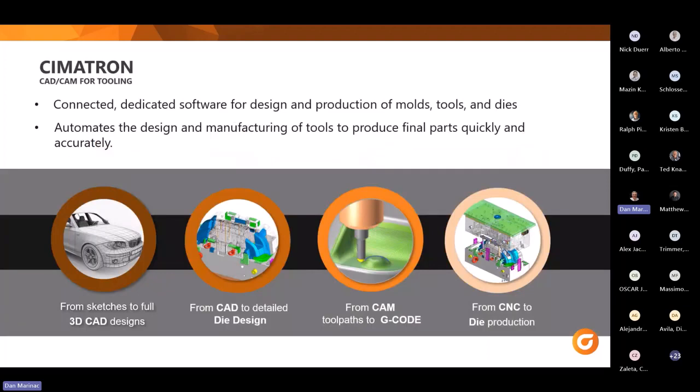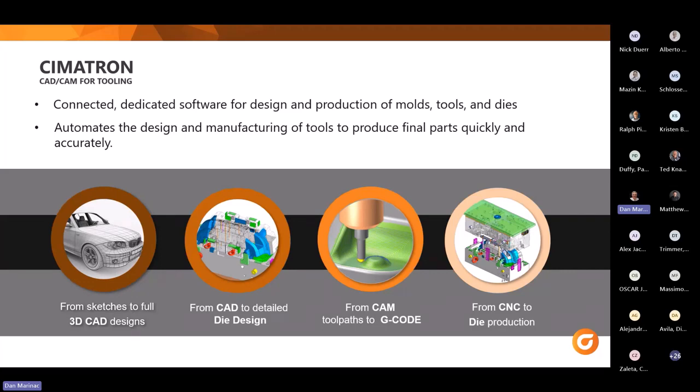Cimatron is a connected, dedicated software for design and production of molds, tools, and dies. It helps you by automating design and manufacturing of tools to produce final parts quickly and accurately. Starting from sketches, you can completely build your 3D design, or of course import any industry standard design, and even custom translators from major OEMs.